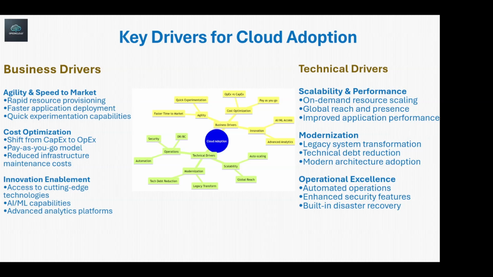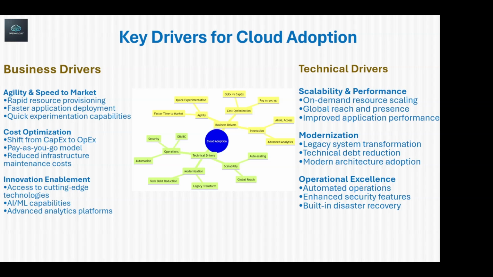What drives business to move to cloud or adapt to the cloud? If you see here, the key drivers for business would be agility and speed to market, right? They need to respond to resource provisioning rapidly, and the agenda also would be to support faster application deployment, and whatever experimentation needs to be done has to be quick.